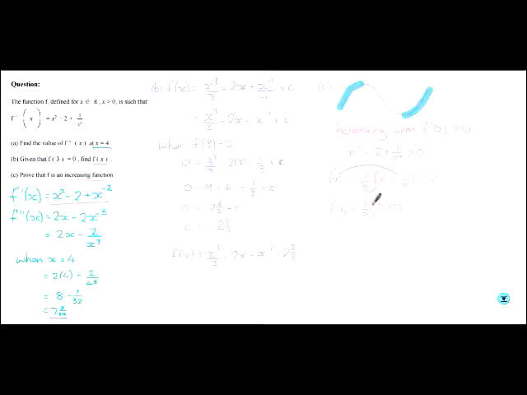When we square it, it's going to be positive, and therefore it's going to be more than 0, and therefore it's going to be increasing. But is there a chance that we can make this equal to 0? Yes, there is. So when x is equal to 1, that would be 1 take away 1, which is 0, and 0 squared is actually 0. So when x is 1, it is not true.